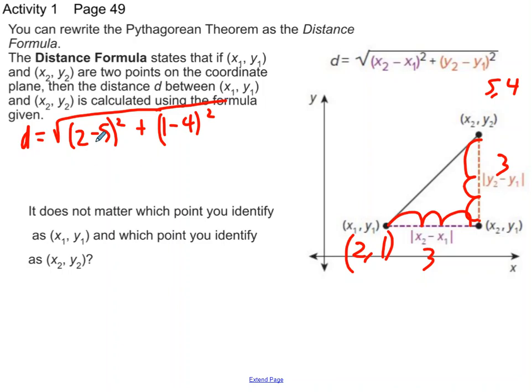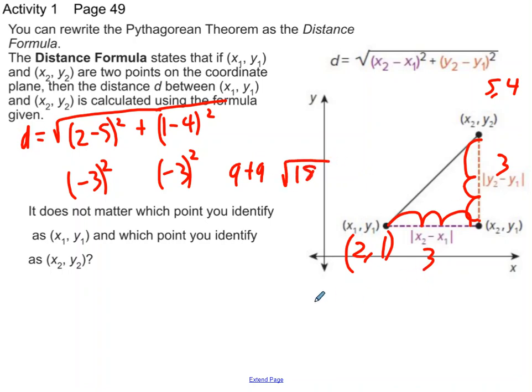And 2 minus 5 is negative 3, and 1 minus 4 is negative 3. Those are both squared. And I'm going to get 9 plus 9, and then that's going to be 18. And I remember it's square rooted.